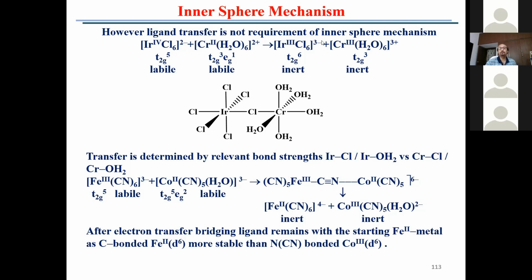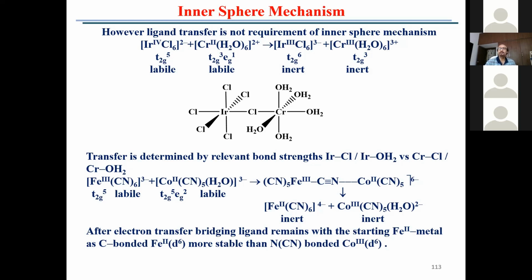Now, if you try to understand this example and this example, there are certain fundamental points. What are the subtle differences between the two situations? Here, chloride is your bridging ligand, and for chloride, this side and that side, there is no difference.